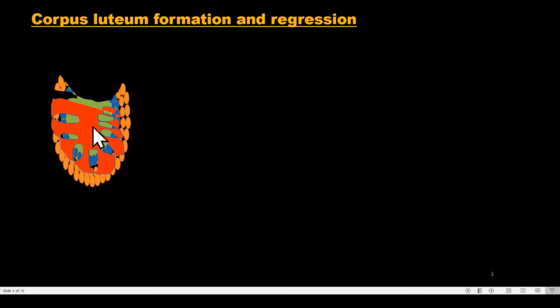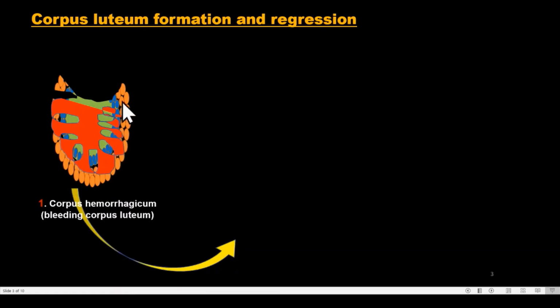At that stage this structure is called the corpus hemorrhagicum, also known as the bleeding corpus luteum.